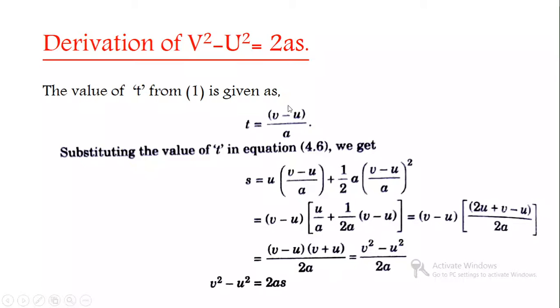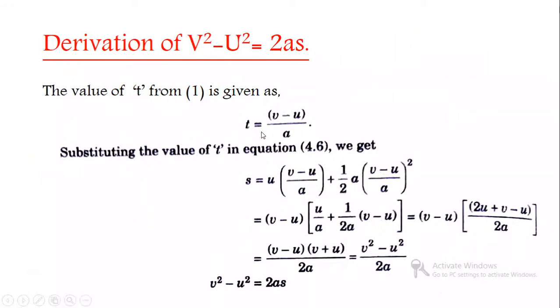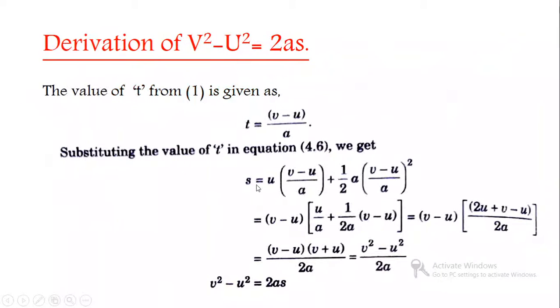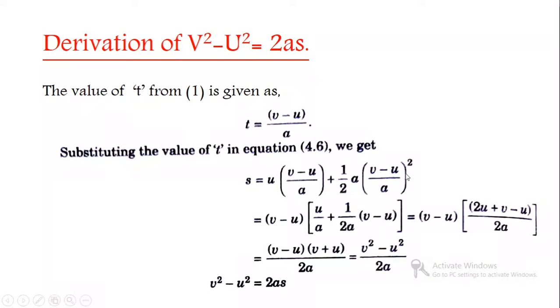Substitute this value of t into equation 2. So we get s equals u into (v minus u) divided by a, plus 1/2 a into (v minus u) divided by a, squared.